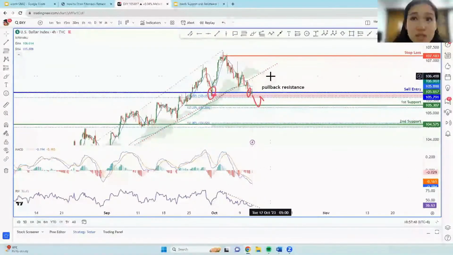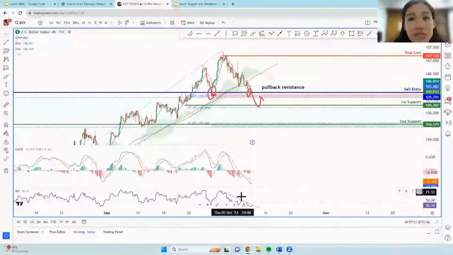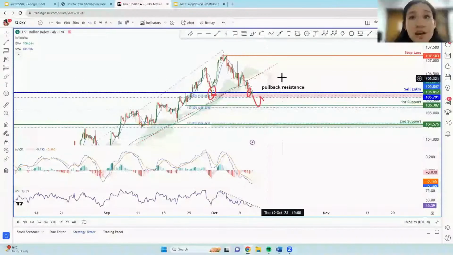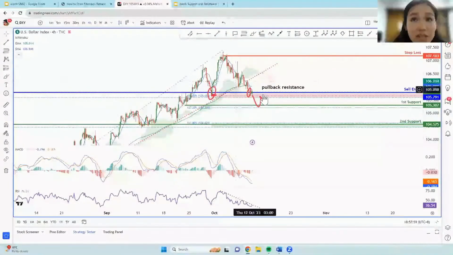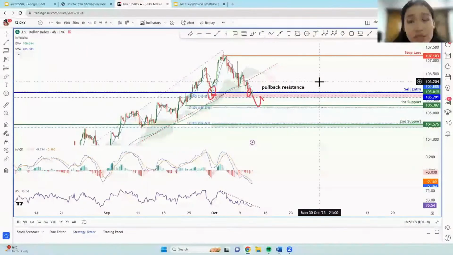With Ichimoku, price is moving below the cloud. The RSI is moving in this descending trend line. If I use the EMA and SMA, it's also moving below them. So all of our indicators and our graphical analysis give us a bearish signal.